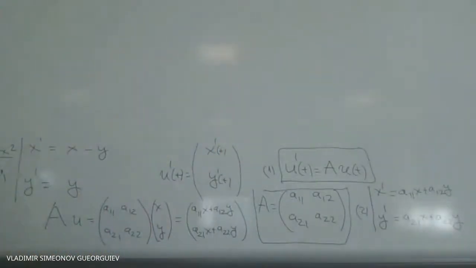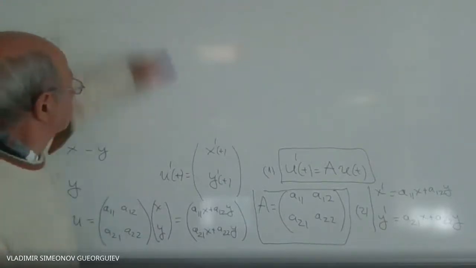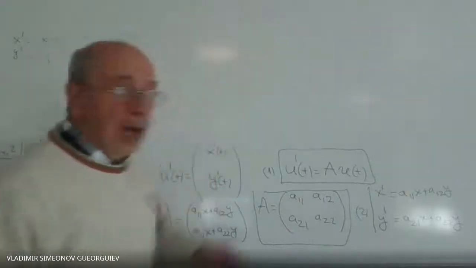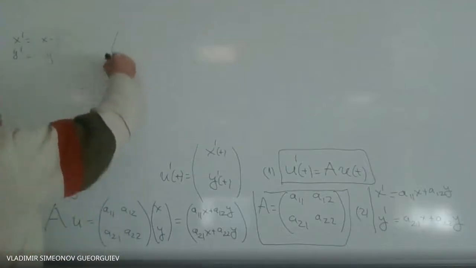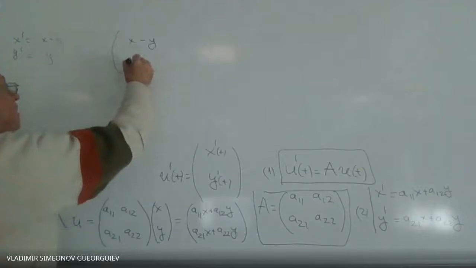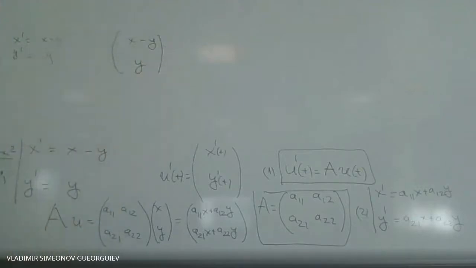What do we want to do? You can see that in our example, x prime, y prime is x minus y, y. What is our purpose? As you said, on the left we have a vector, and on the right we have a vector. Our vector on the right has first component x minus y, second component y. What are we looking for?